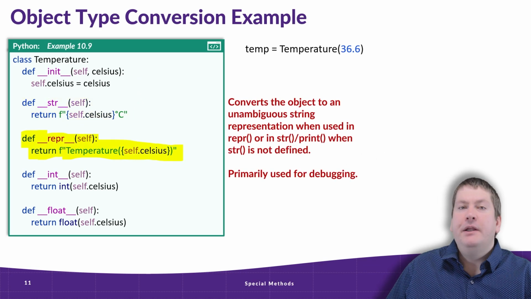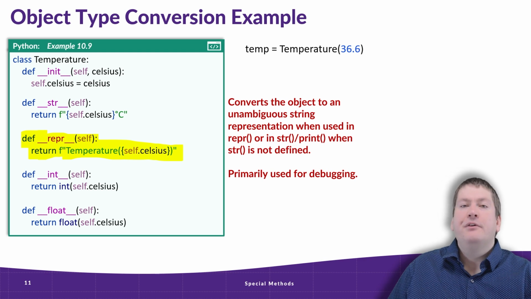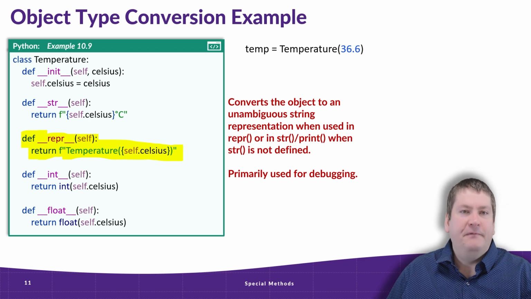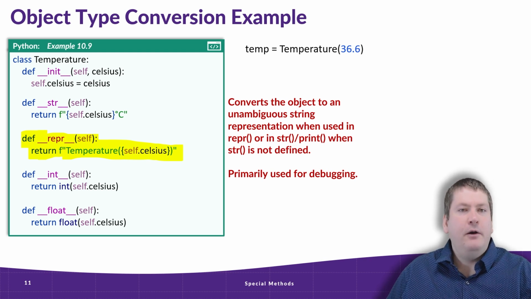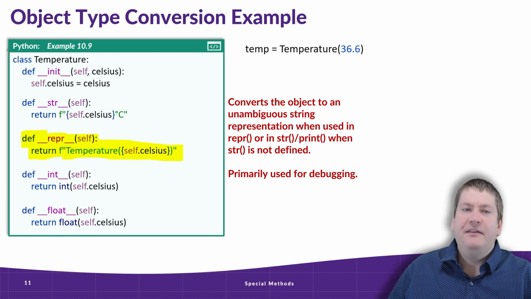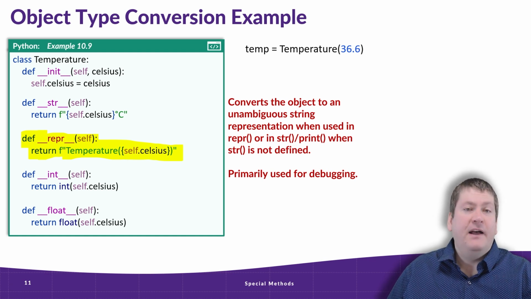Next is the REPR special method. And again, what this does is it creates a representation of the object that we could use to recreate that object. This is mostly used for debugging purposes, as well as communicating things to developers rather than the end user. Typically, we want this to output something that we could use by either pasting it back into Python or the Python console to create a new instance of this class that would have the same values.